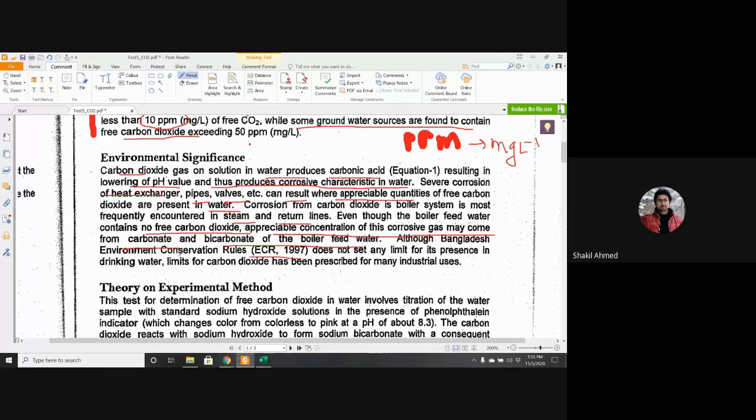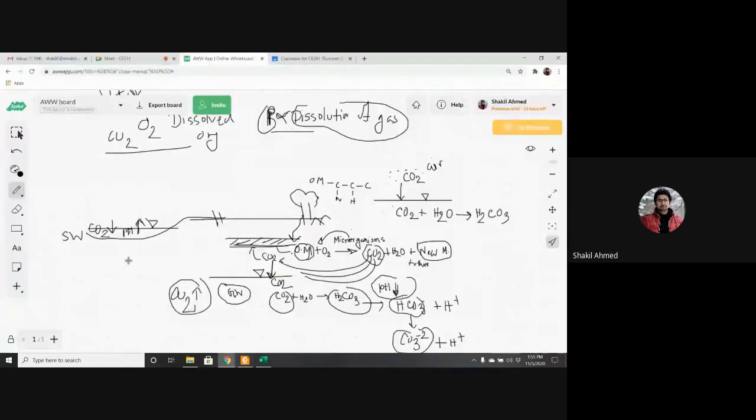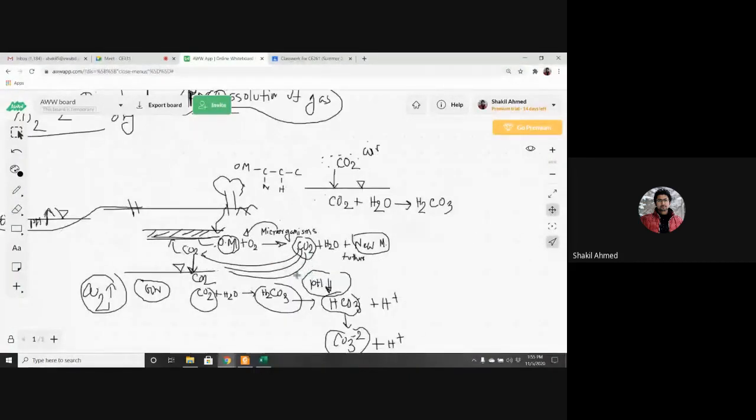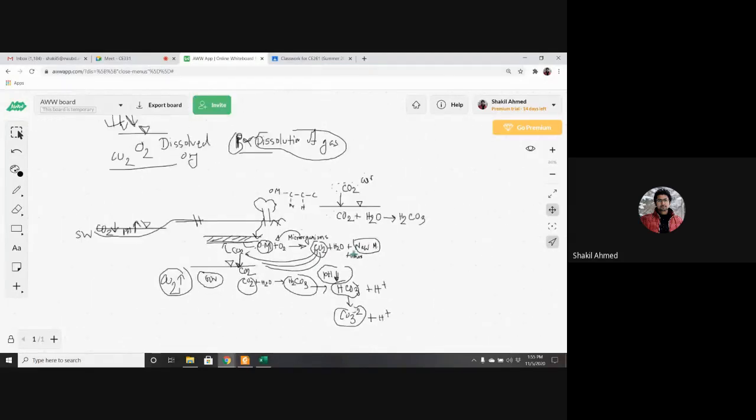The Bangladesh Environmental Conservation Rule does not set any limit for its presence in drinking water, but limits have been prescribed for many industrial uses. That means even though carbon dioxide is not harmful for our health, it is problematic in terms of industrial usage.